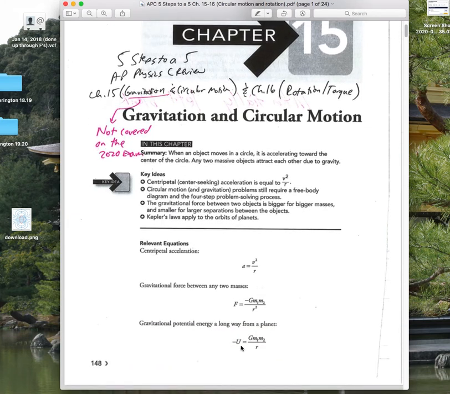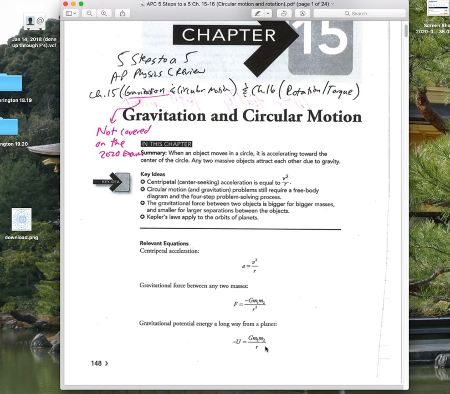So I've seen that normally as U_G equal to the negative of these things. Anytime you have two things that attract each other, you have negative potential energy. So a positive and negative charge. The formula for that is U_E, because it's electric potential energy, is equal to k Q1 Q2 over r.